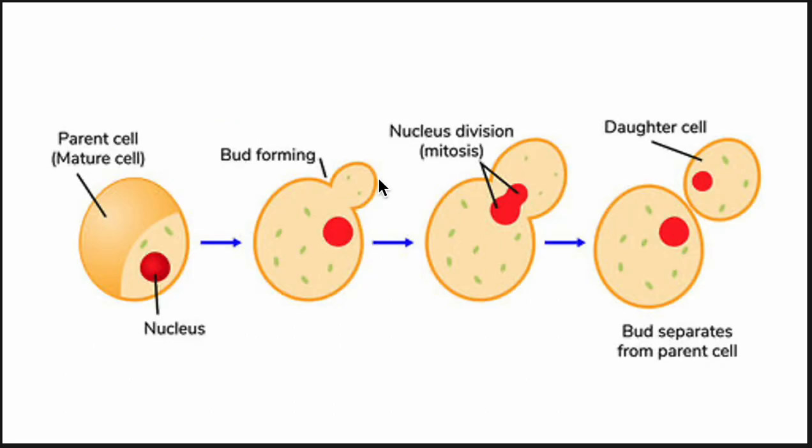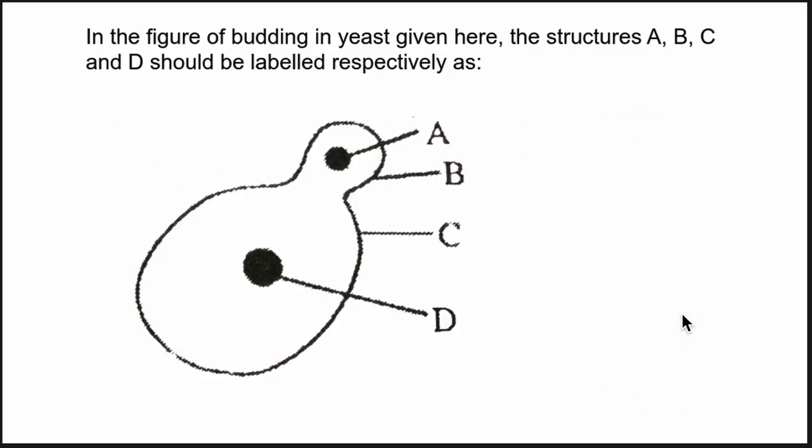This is an example of a parent cell of a yeast. This is a mature cell. You can see here the nucleus, and then it will form a bud, and through mitosis, they can produce daughter cells, which can separate from the parent cell. Here we have the general structure of the yeast.